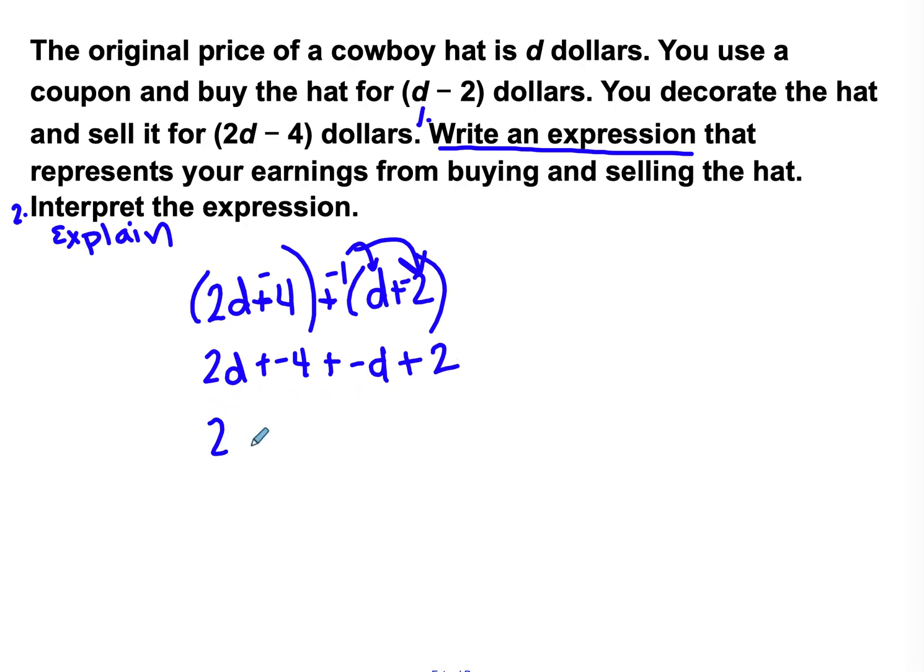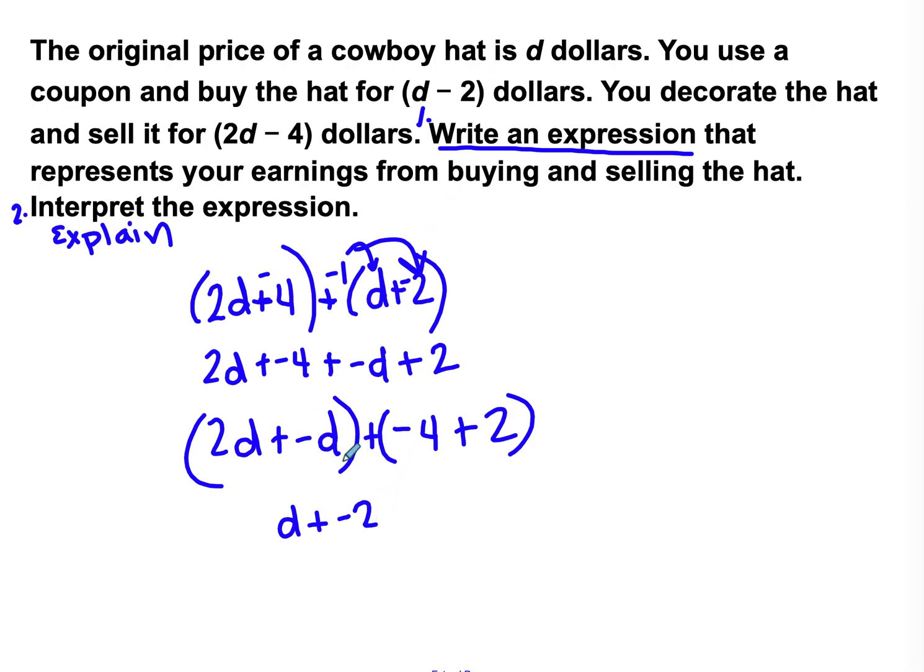Okay, combine my like terms. 2D plus negative D, plus a negative 4 plus positive 2. Okay, 2D plus a negative 1D equals just D. Negative 4 plus 2 is a negative 2.